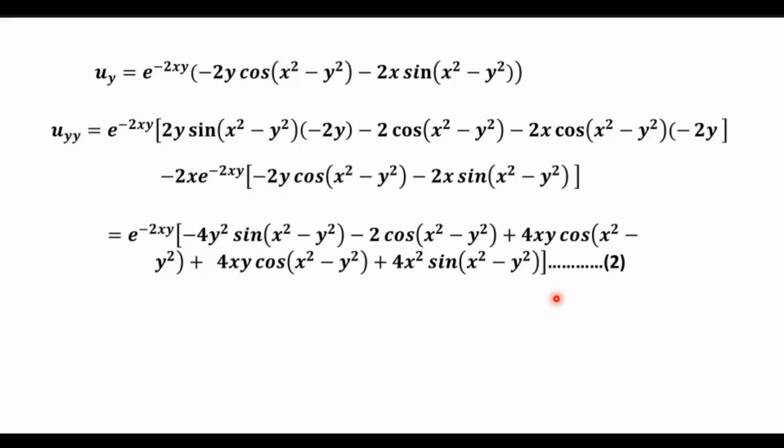Check what you have got in uxx, whether they are the same terms with opposite signs. Same terms you'll be having there also with a slight sign change. Where there is a plus here, it will be a minus, and where there is a minus here, it will be a plus. Just check those values uxx and uyy.